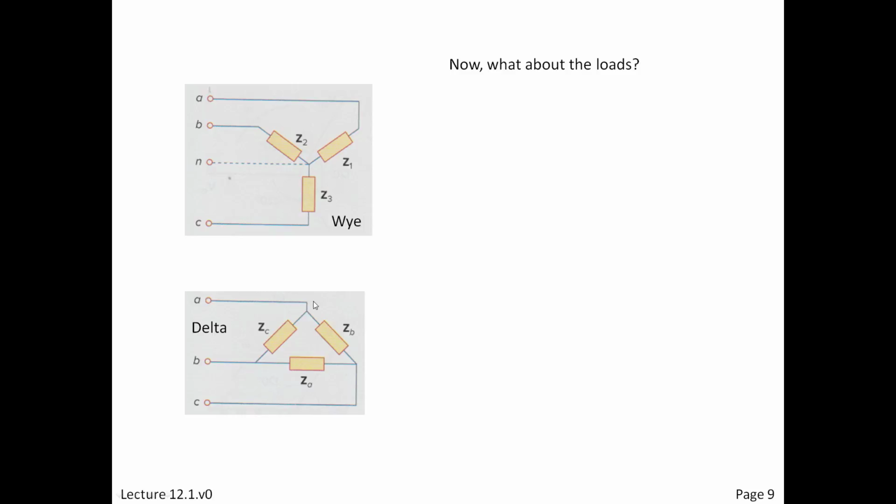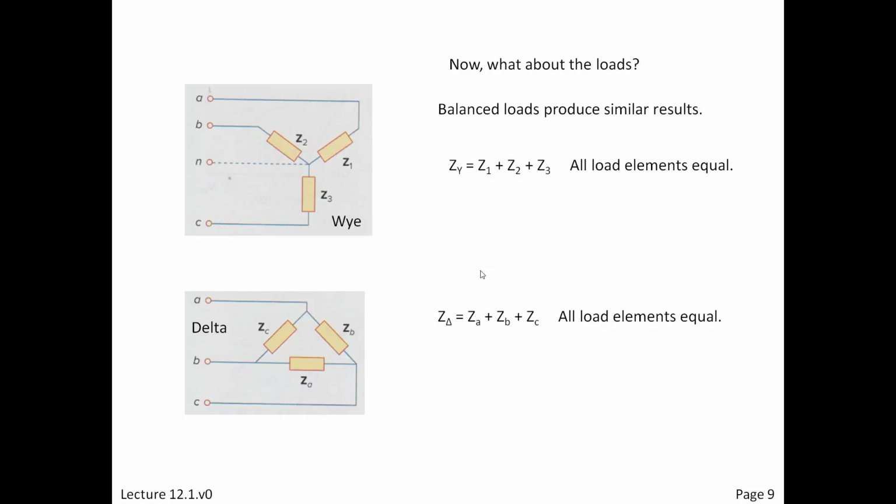They're going to be related, but not equal. Okay? So all load elements are equal, and the sum of them is going to be what we call ZY. And the same is true for the delta load connection. The sum of them is going to be Z delta.